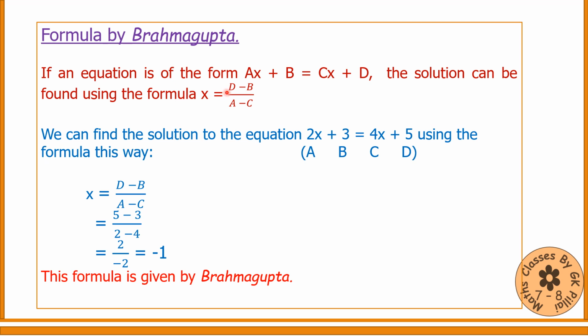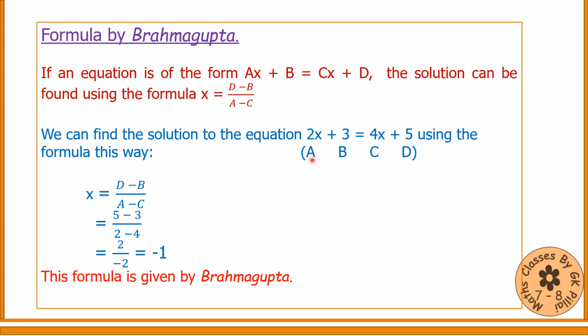If an equation is of the form ax plus b equal to cx plus d, the solution can be found using the formula x equal to d minus b upon a minus c. See, 2x plus 3 equal to 4x plus 5. You want to find the value of x.